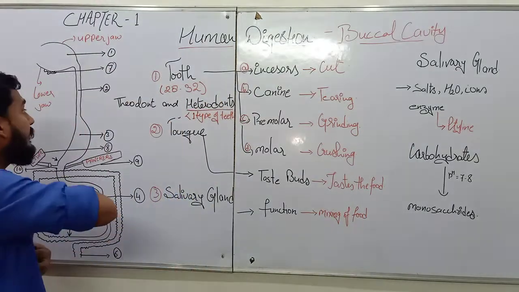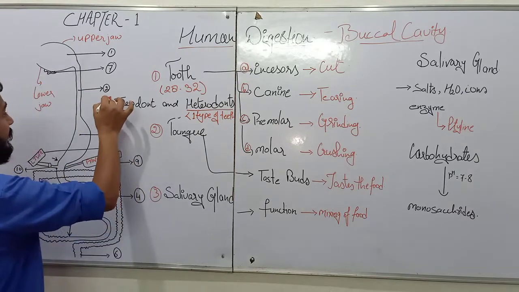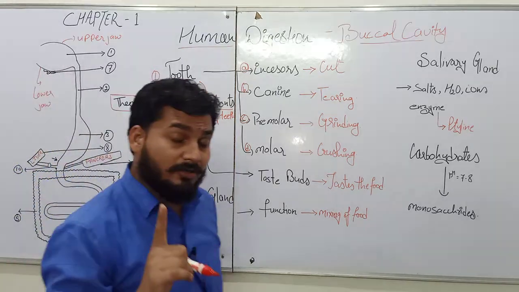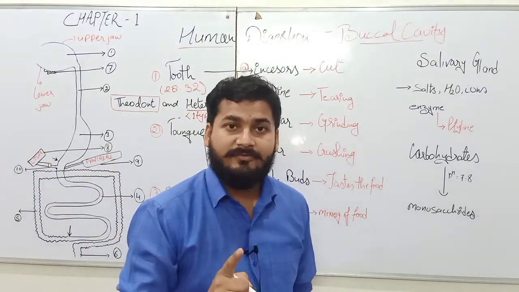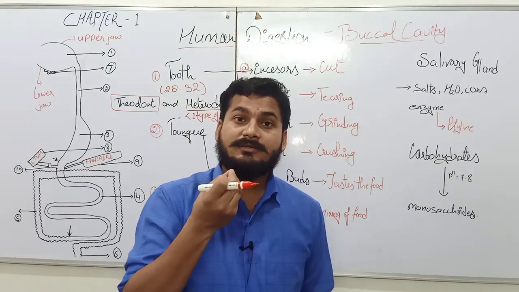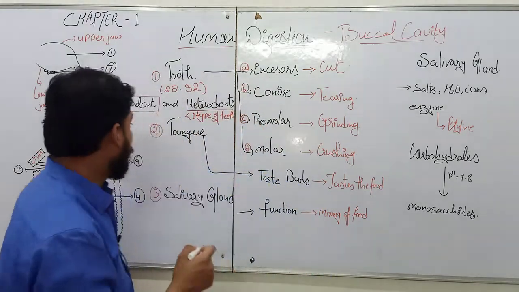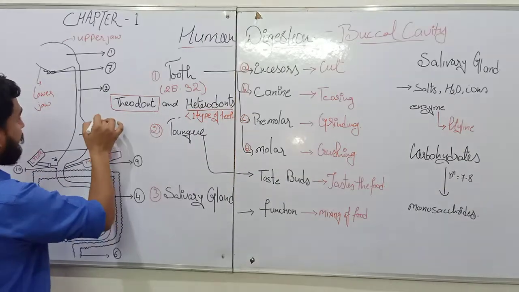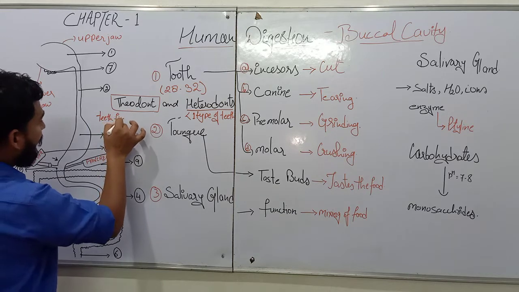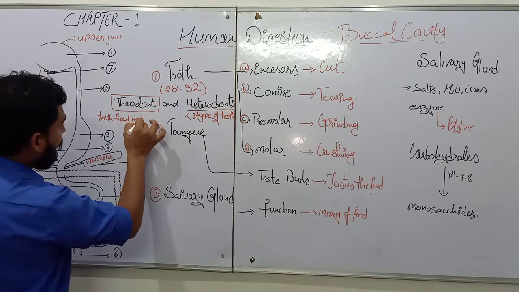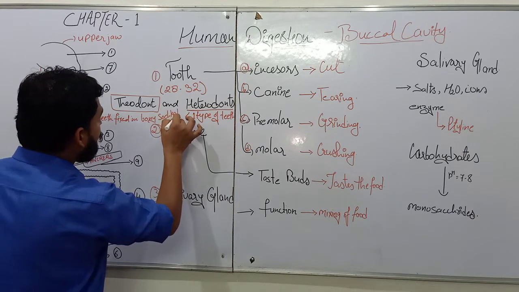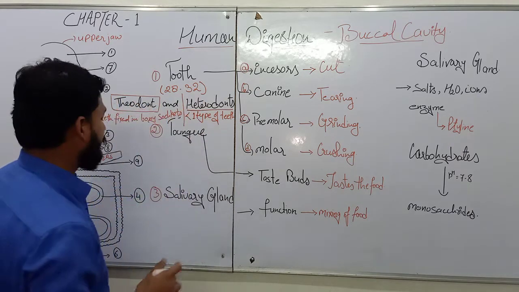And now comes the word thecodont. Thecodonts are those organisms who have their teeth fixed in bony sockets. I'll write this: teeth fixed in bony sockets.